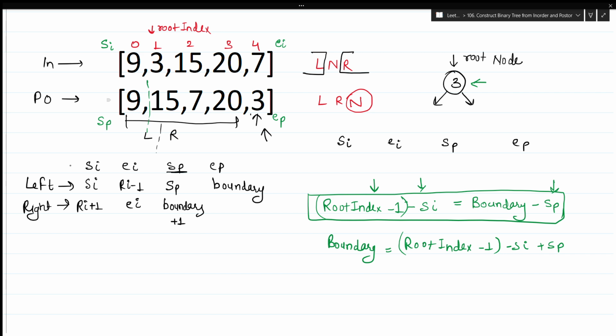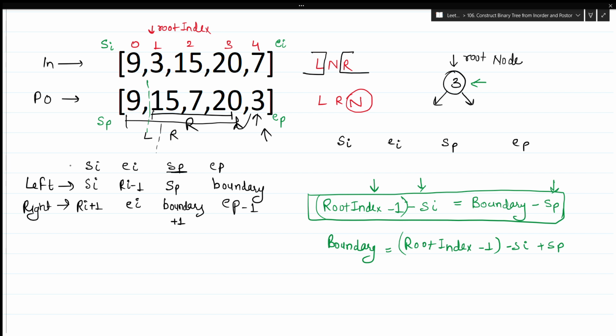So from here to here only my right subproblem exists. The right nodes exist in this particular range from boundary plus 1 to EP minus 1, not EP, because EP is the root node. If I use these four parameters for my left subproblem and right subproblem, my problem can be easily solved.